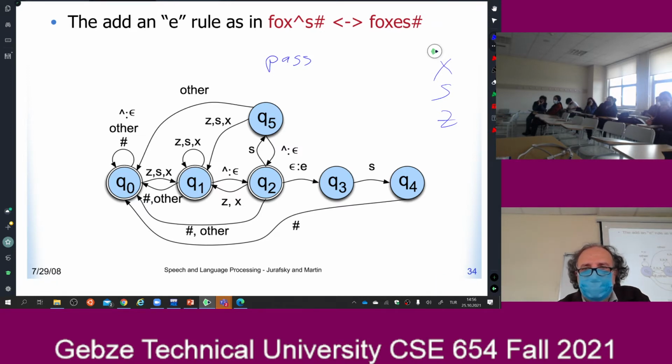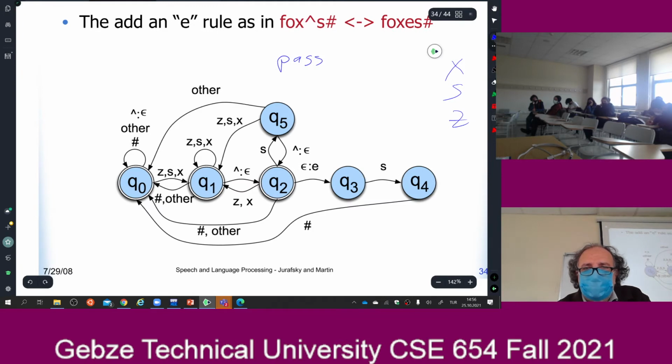If you see an E and S from the input, let's see this one. I got a Z, I came here, with an empty transition I come to here, with an ES I come to there.